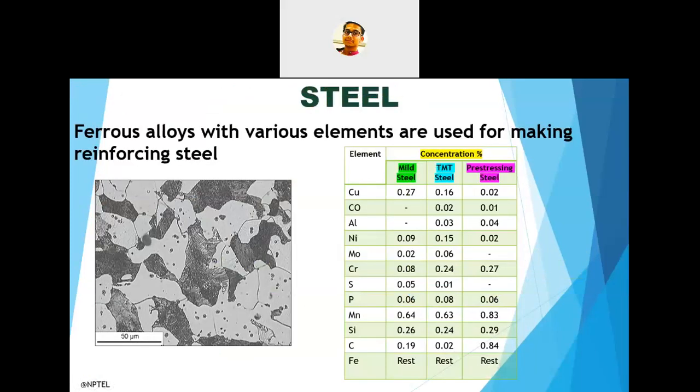So, in brief, I want to discuss something about steel. Whenever we talk about steel, in most cases we may think that steel is homogeneous, but steel is not a homogeneous metal.